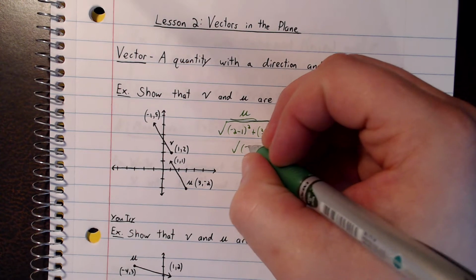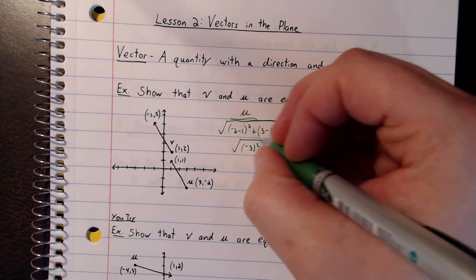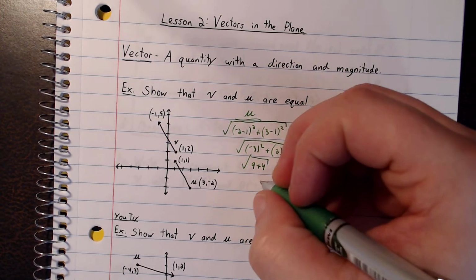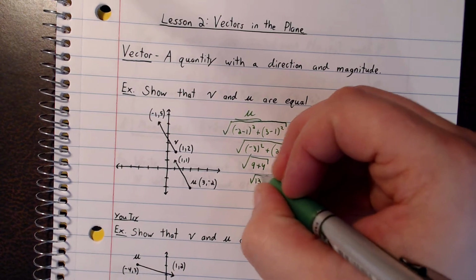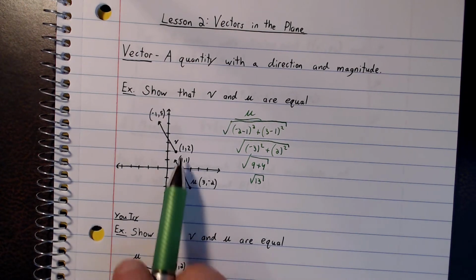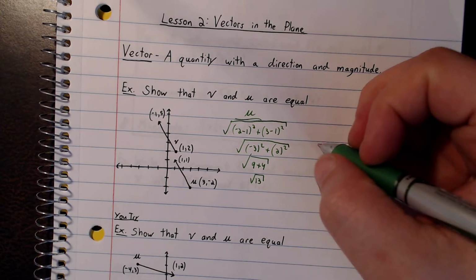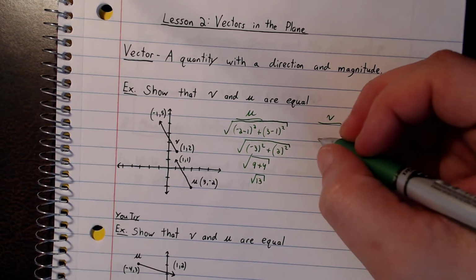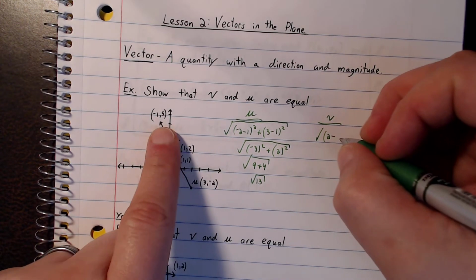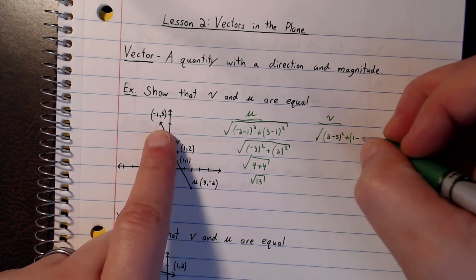This would give us a square root of -3 squared plus 2 squared. So we're coming up with the square root of 13. Now if I want them to be equal, when I check out v, doing the same idea here with the distance formula, I'm going to hope to get that same amount. So for v, we got 2 minus 5, and then we got 1 minus -1.